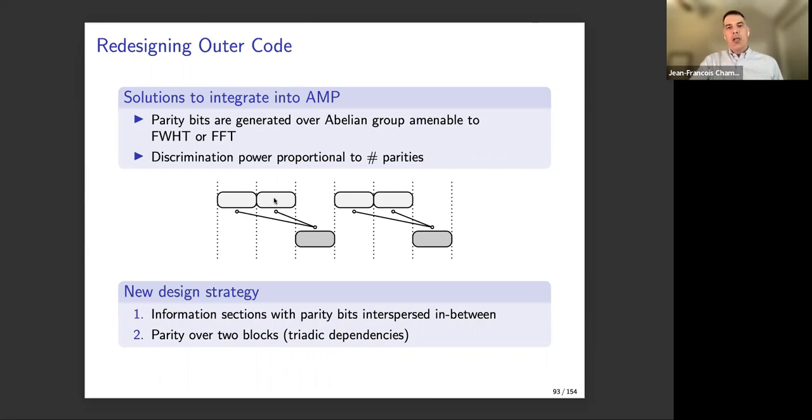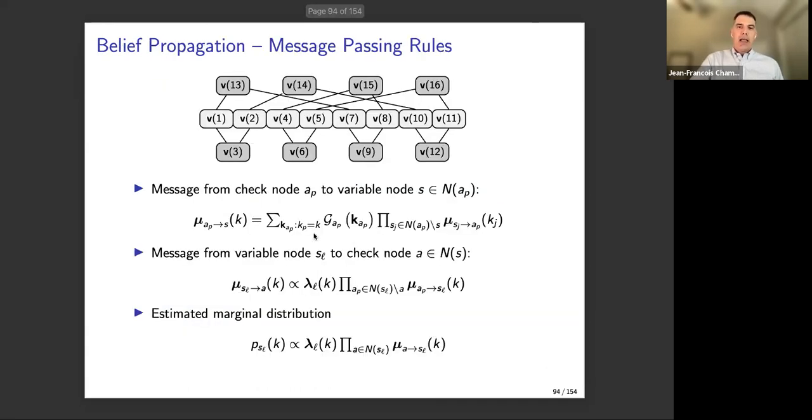It pairs 2 information sections to 1 parity section, so it avoids mixing. And then what we can do is force the message passing rules that typically take place on LDPC codes to work over these very large field alphabets for our problem.